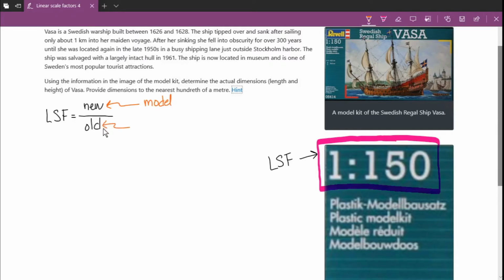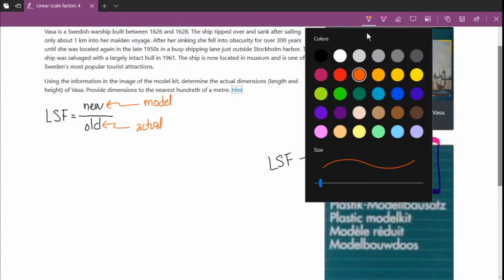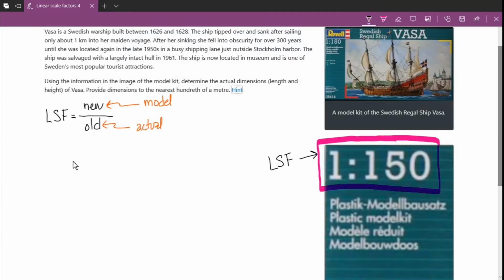And the old dimension is going to be the actual size, actual length or actual height. So we're going to have to do two calculations here. We have to determine the actual length of the ship.